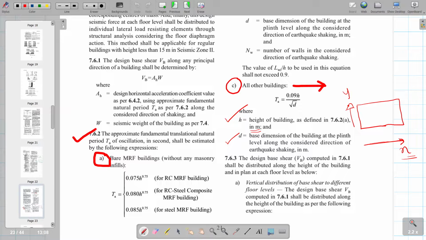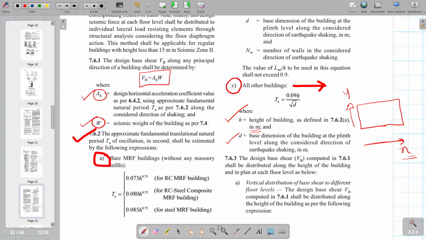Here you can see this formula, VB is equal to AH into W, where VB is the base shear, AH is horizontal acceleration coefficient, and W is the seismic weight. We have already calculated W. Now our job is to calculate AH.